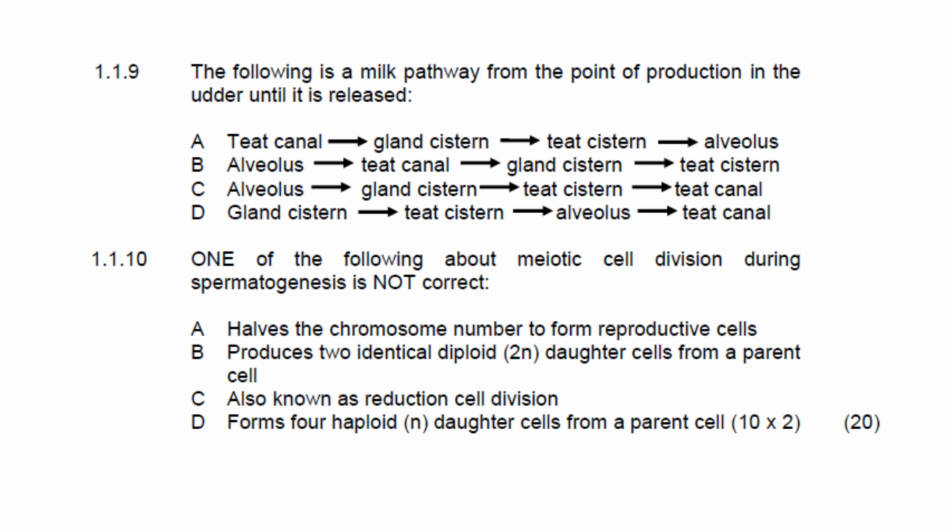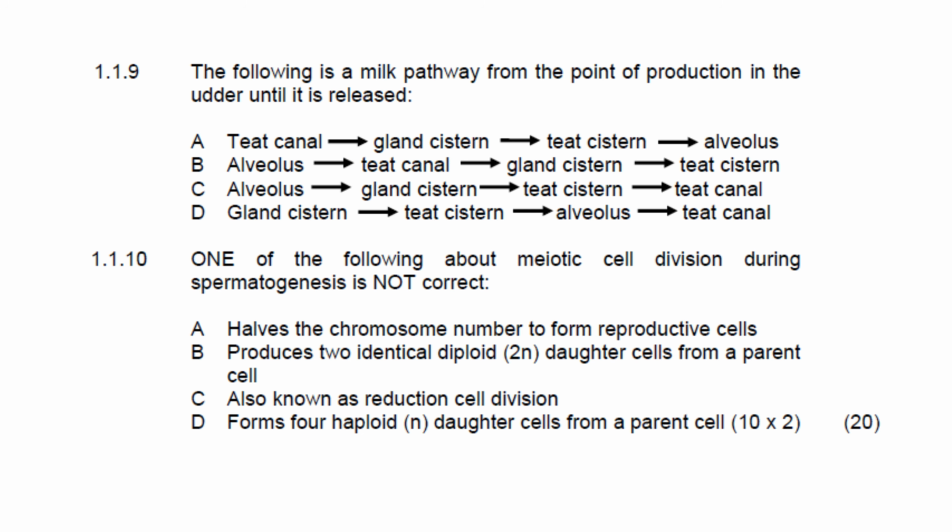But let me explain. What happens when the milk is produced? The milk is produced in the alveoli, right? And then it is stored where? It is stored in the gland cistern. And then it passes through the teat cistern.